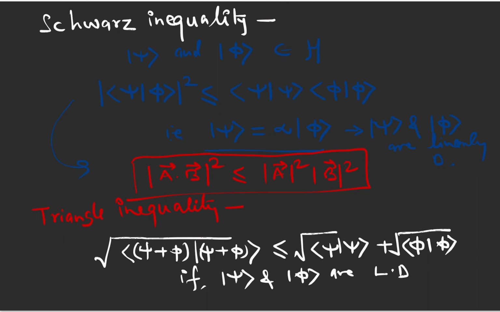Counterpart of this inequality in Euclidean space is given by mod of A plus B is always less than or equal to mod of A plus mod of B. Now orthogonal states in Dirac notation.